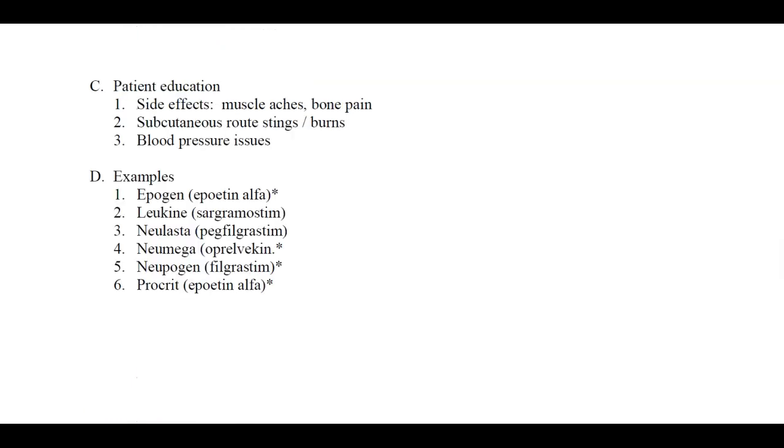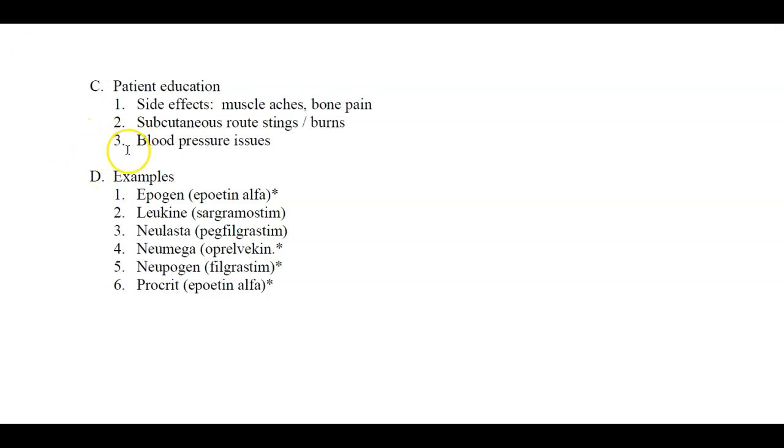So patient education. Some side effects include muscle aches and bone pain. Especially if you think about it, right, we're stimulating that bone marrow to produce more cells. So it is expected for patients to experience these side effects. They can experience bone pain, joint pain, and muscle aches. In addition, they may also experience flushing or redness in the skin because there's more blood circulating.